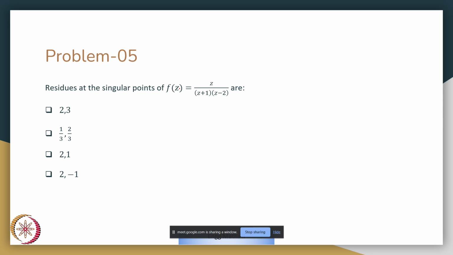So what we'll do is we'll first write it in terms of partial fractions.